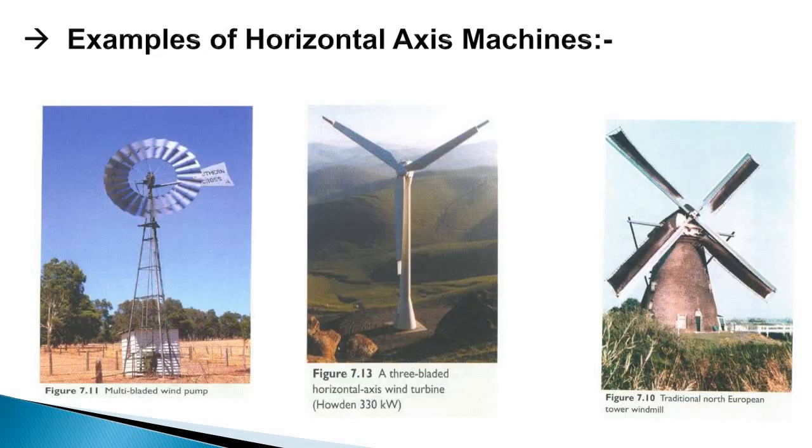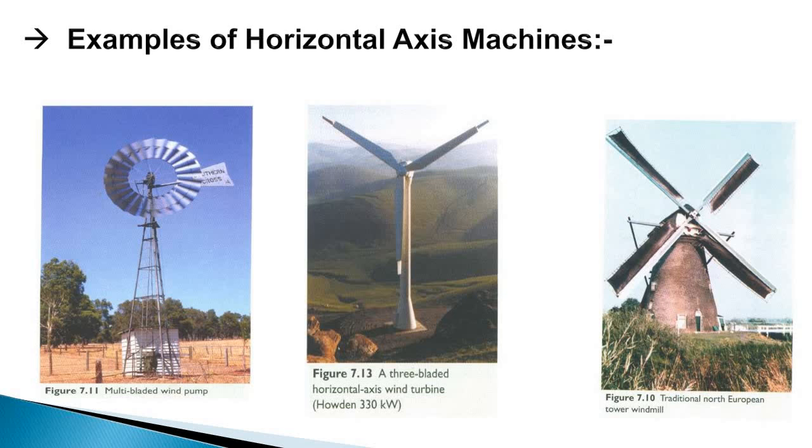Now examples of horizontal axis machines you can see here. This is a multi-blade wind pump. It is used to pump the water from the ground level.